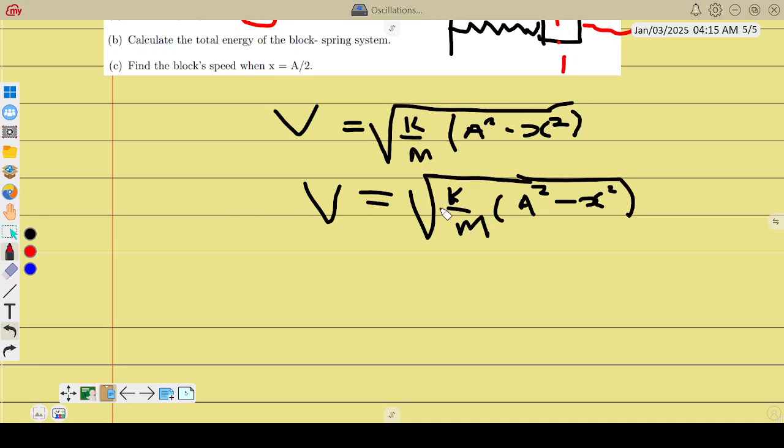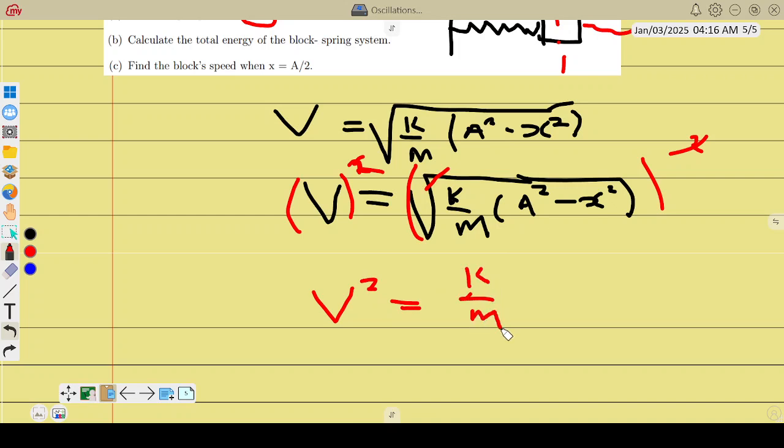To get rid of the square root, we square both sides, and the square and the root cancel. So our v squared is equal to k over m times a squared minus x squared.